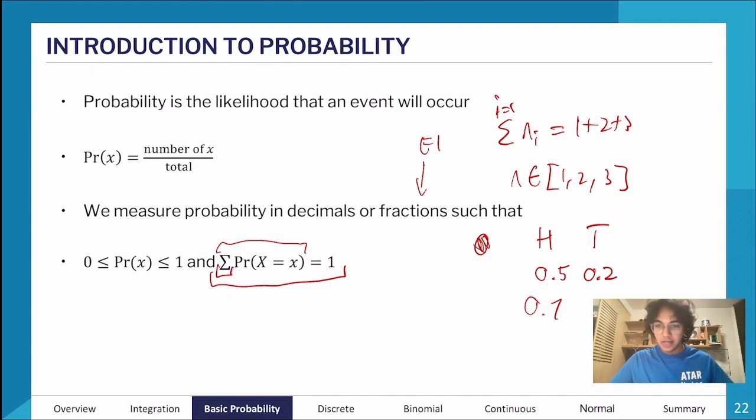If I flip a coin, I'm only going to get heads or tails. It's so unlikely that it lands on the ridged part of the coin, so for simplicity, it's always going to be heads or tails. So it doesn't make sense that heads or tails only occurs 70% of the time, which is why this needs to also be 0.5. Hopefully that makes sense. The probability of all events needs to sum to 1.